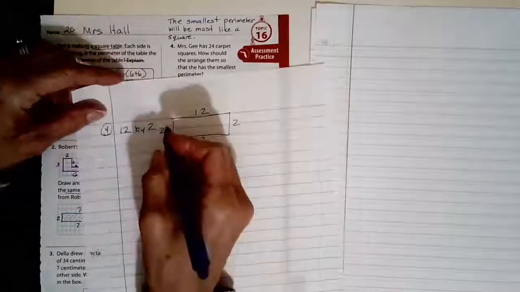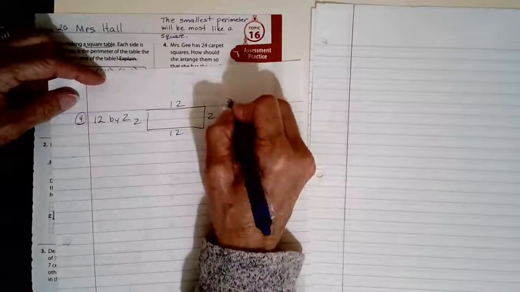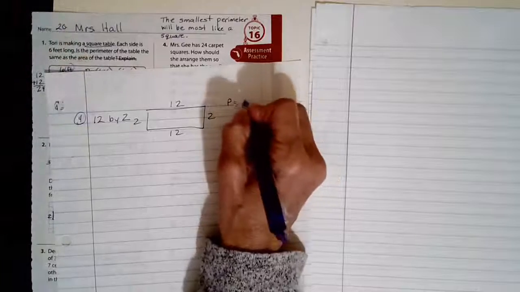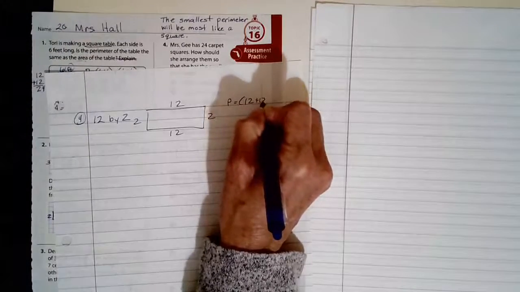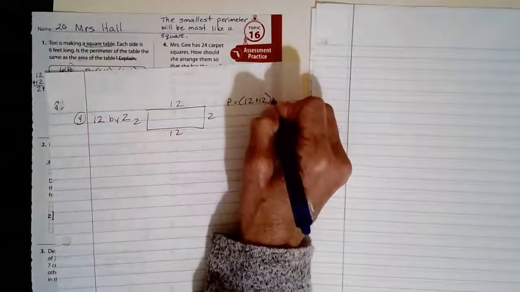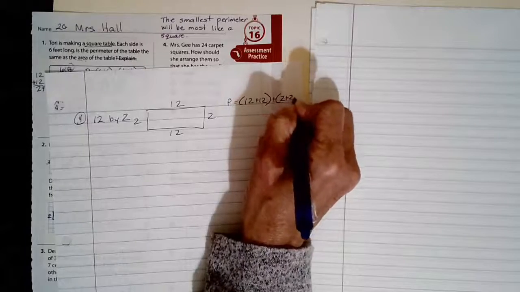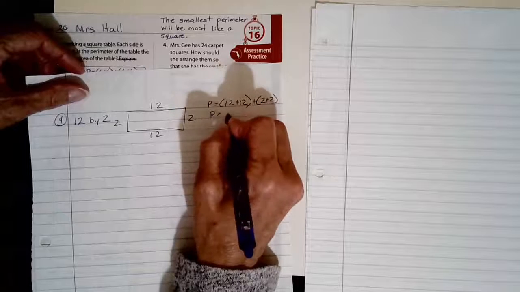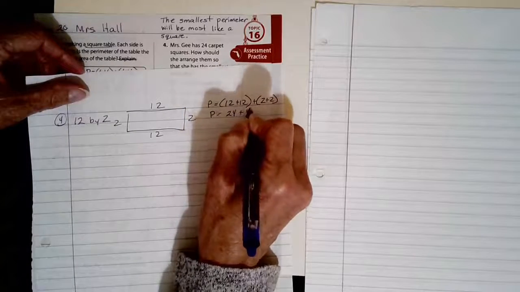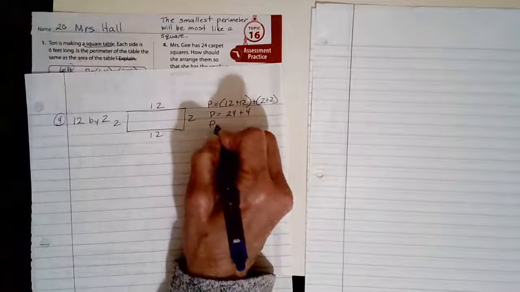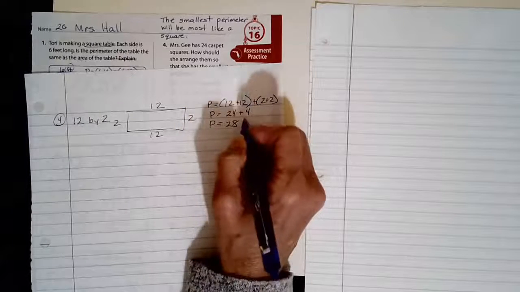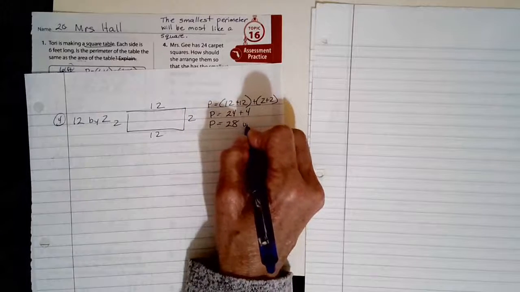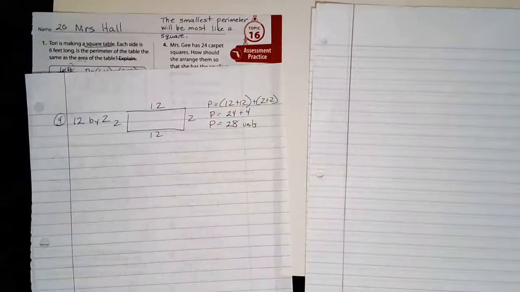And so to figure the perimeter, we would have 12 plus 12 for the two 12s plus 2 plus 2. And so our perimeter here would be 12 plus 12 is 24 plus 4. So this first shape's perimeter is 28 units. All right, so let's look at our second one. This was for A.